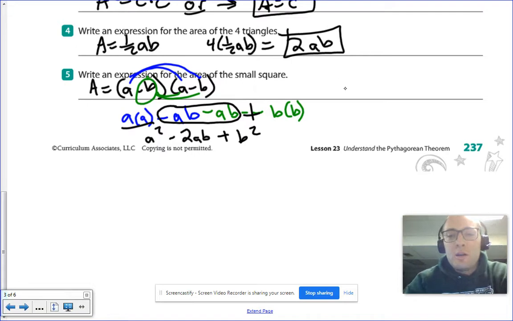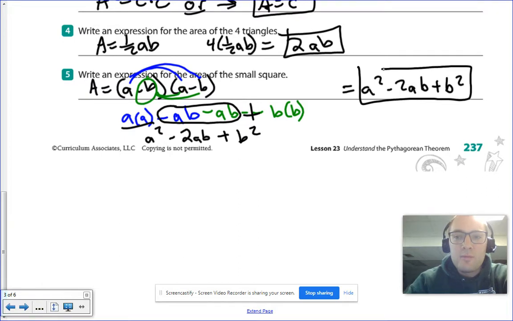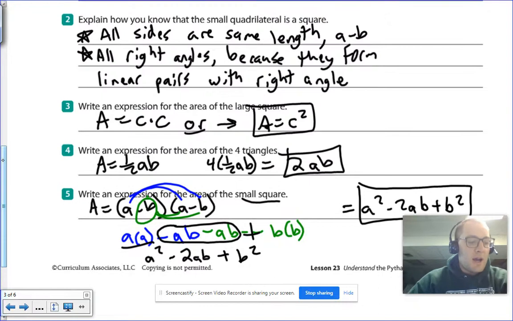So ultimately our area for the smaller square is all this: A squared minus 2 times A times B plus B squared. Okay, just remember that. That's for the small square. Because what we're going to do now is take those things and use that to prove the Pythagorean theorem, essentially.